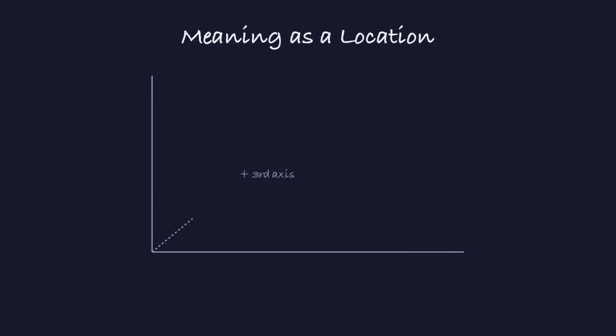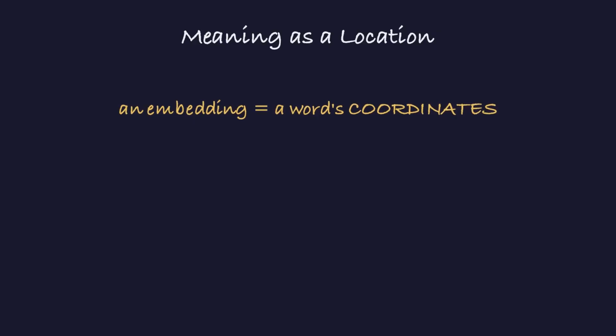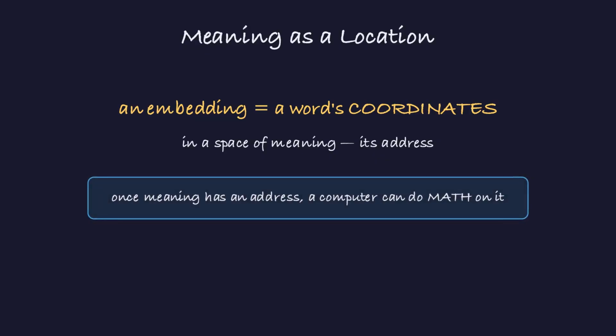Add a third axis and you've got a 3D cloud. And watch, fruits drift together, animals cluster over here, vehicles over there. Similar meanings share a neighborhood. An embedding is exactly this, a word's coordinates in a space of meaning, its address. And once meaning has an address, a computer can finally do math on it.